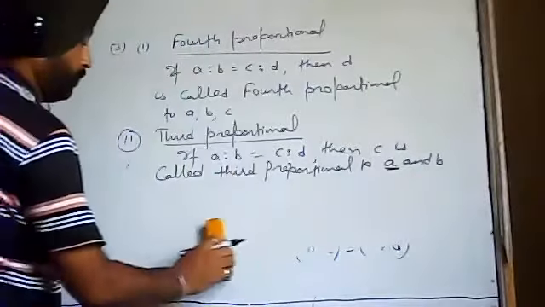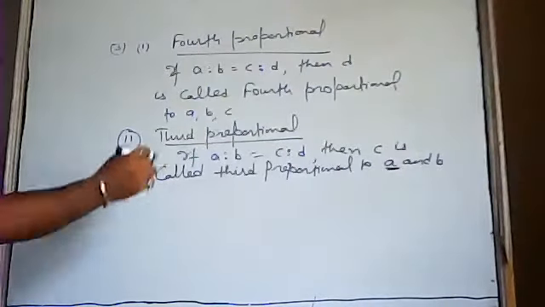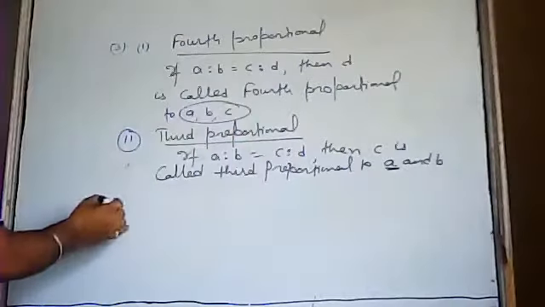C is third proportional only to A and B, but D is fourth proportional to A, B, and C.